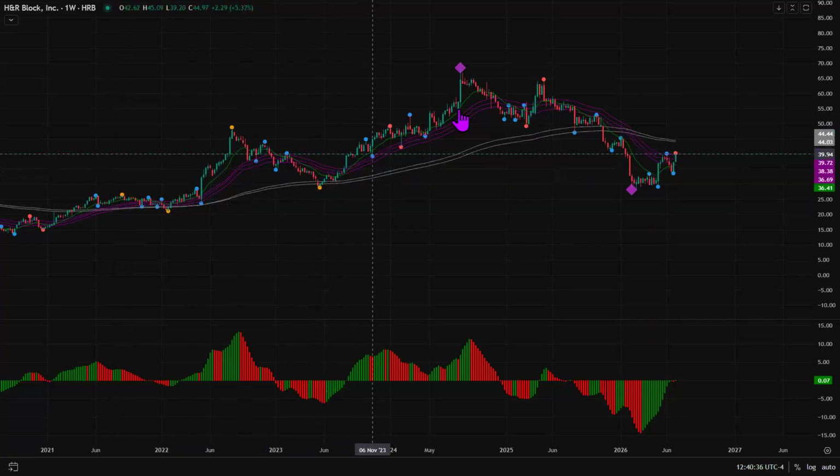We came down to the tunnel, we made a new high, and we had an extensive move lower on the weekly. This is the kind of trade where it might have been a breakout 4 trade right over here, and then it just continued on down. And now the question is, can it recuperate, or is this going to continue on down? So this is showing up as a short trade.